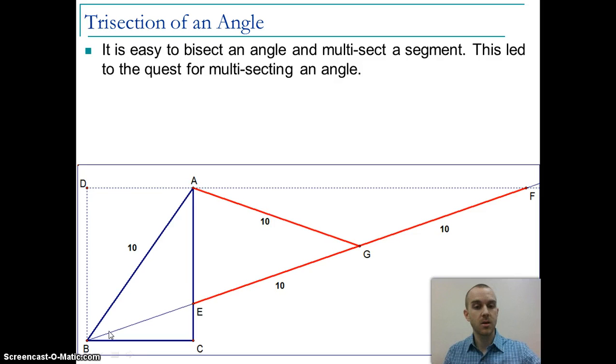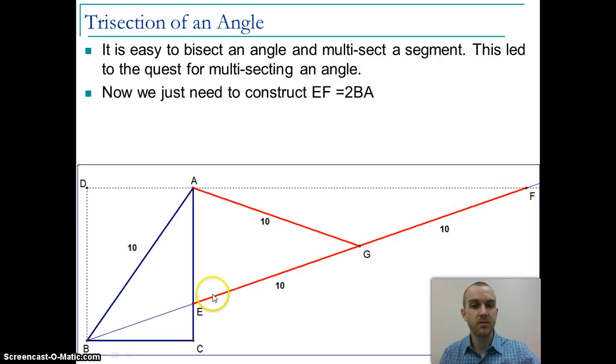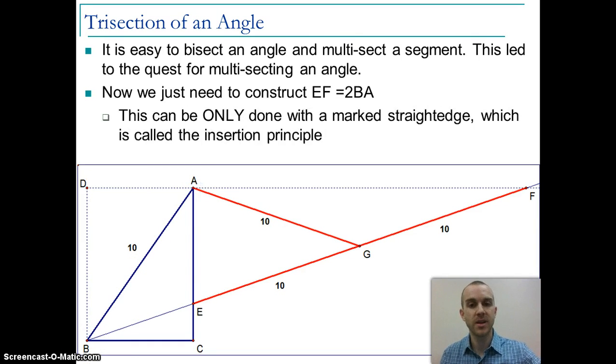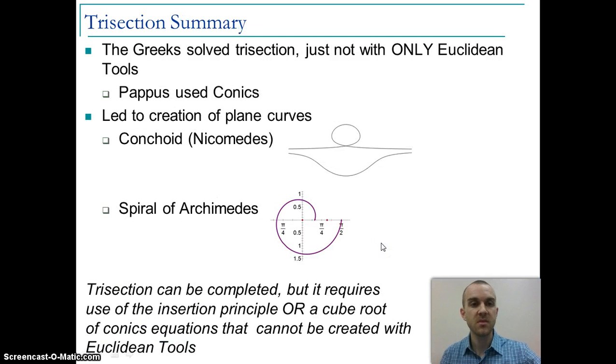The problem here is that there's not a way that I can construct EF so that it would be double BA. To do that, you have to have a measured tool, and that's called the insertion principle. If I have a marked straight edge, I could do it, but I can't without that marked edge to give me double the length. Now, they are able to solve it, just not with Euclidean tools.